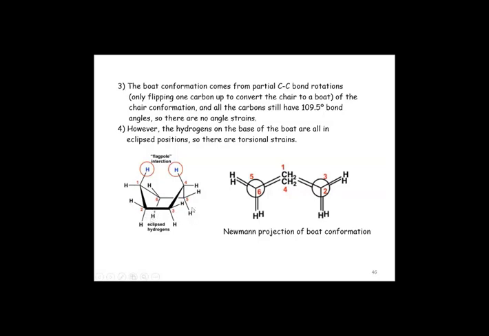Likewise, these 2 lie back to back, these 2 lie back to back. So they represent perfect eclipsed conformation. When there is eclipsing, that leads to torsional strain, because the atoms try to interact with each other when they come far closer to each other.